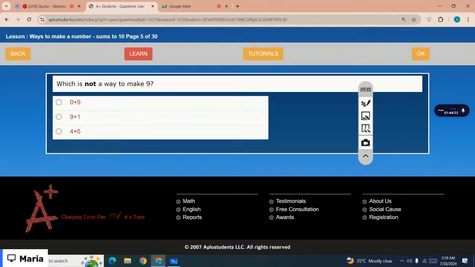Which is not a way to make 9? Which is the correct option?